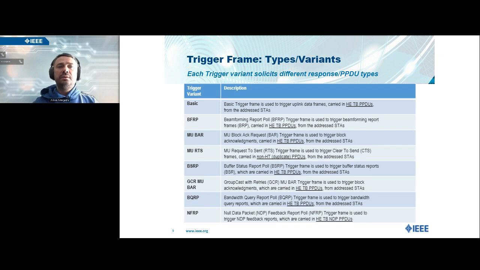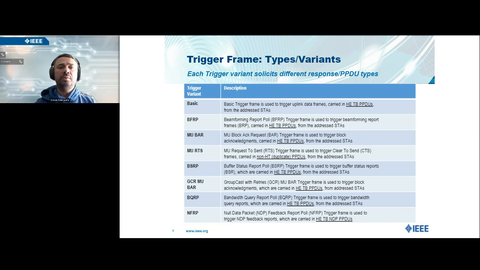So speaking of trigger frame variants, which are identified by the trigger type in the common info field, we have defined several trigger variants, which are listed here.